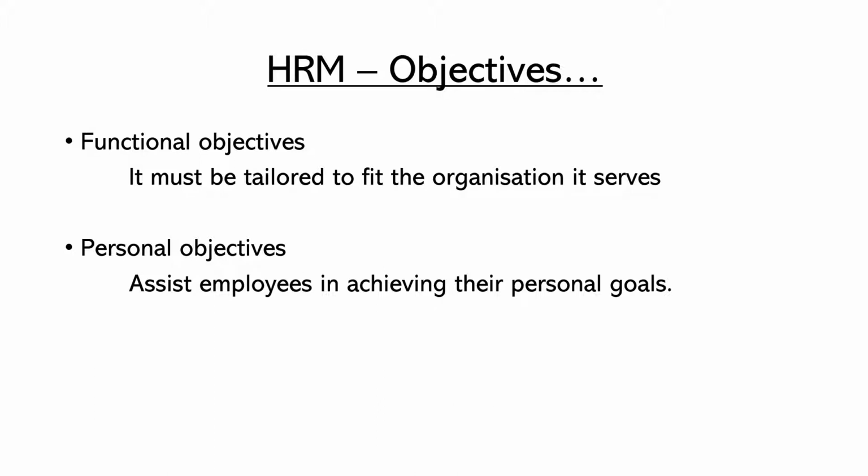So we should find out the qualities that are required in the job, which is known as job description, and we should hire a person who satisfies the need of the job. So that is what it means by achieving functional objective. That is, there is a requirement of a specific role function in your organization. You should hire a person who has the qualification to fulfill that role function.